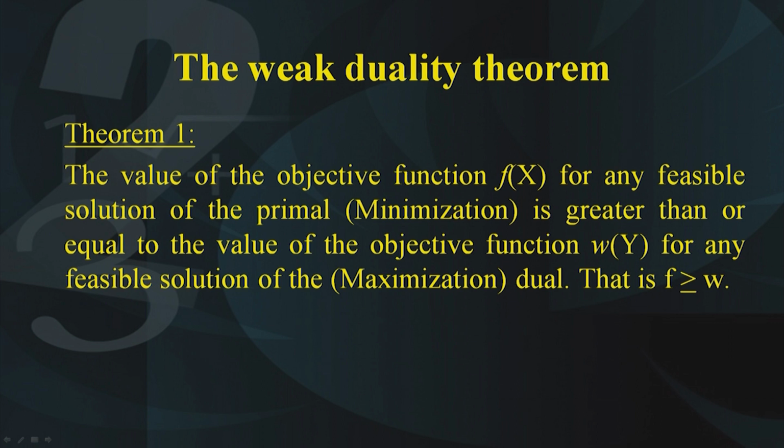Now, let us look at what we mean by the weak duality theorem. This theorem is stated as follows: the value of the objective function f(x) for any feasible solution of the primal, which is in the form of the minimization type, is greater than or equal to the value of the objective function, let us say w(y), for any feasible solution of the maximization dual.